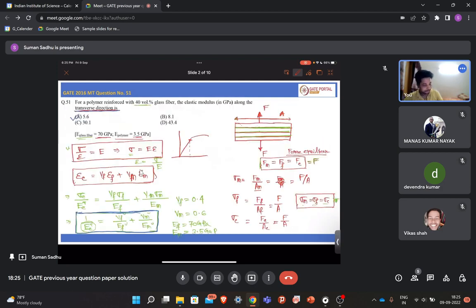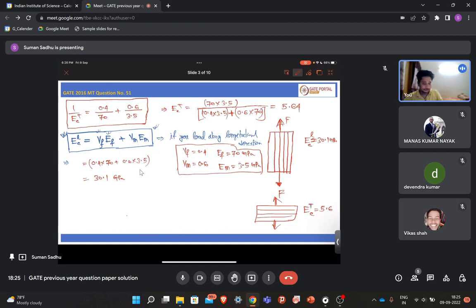The earlier answer. So you can see that you have the same composite, but if you load in the other direction, then your elastic modulus is different. That means this composite is not isotropic in all directions. If you load in the longitudinal direction, you will get a higher elastic modulus. If you load along the transverse direction, you will get a lower elastic modulus.